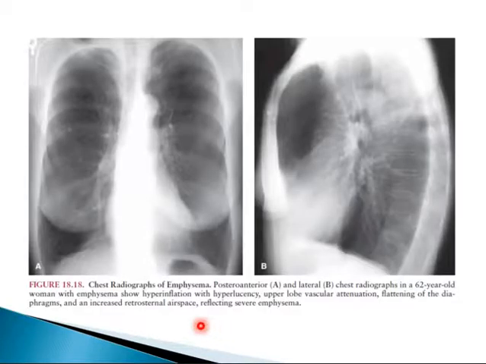This is a chest X-ray of emphysema. PA and lateral of a 62-year-old woman with emphysema show hyperinflation with hyperlucency, upper lobe vascular attenuation, flattening of the diaphragm, and an increased retrosternal airspace reflecting severe emphysema.